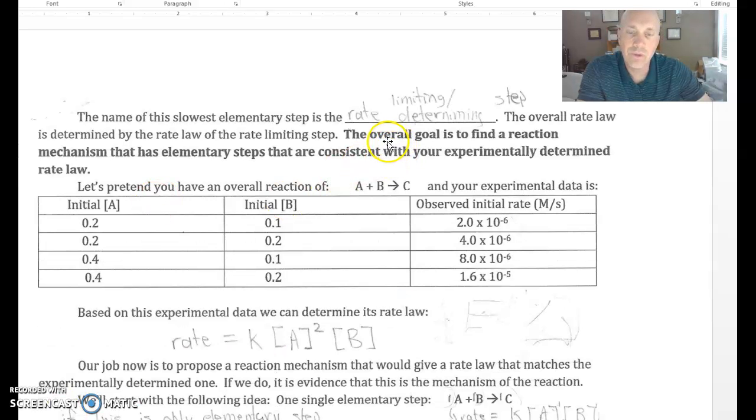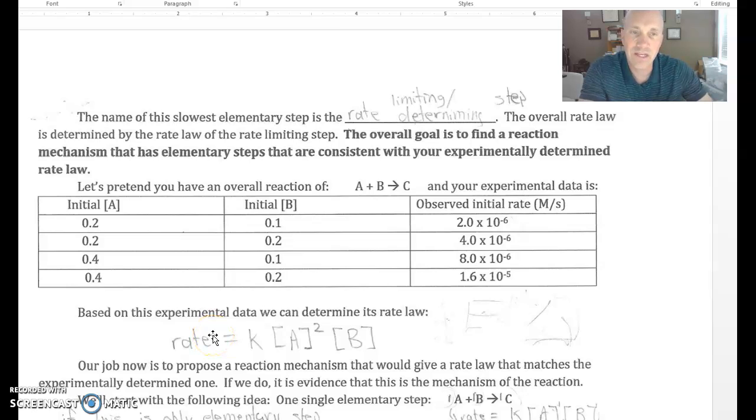So the way that we're going to use kinetics to figure out the mechanism of the reaction is we're going to first of all measure an experimental rate law. And remember, the rate law can be determined by running a set of experiments where you change the initial concentrations and you measure the initial rate, and we can determine that rate law even without knowing what the mechanism is.